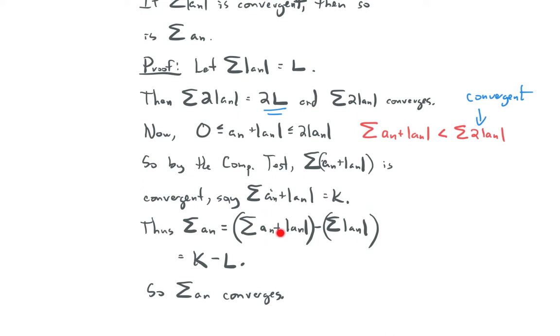Everything cancels and you're just left with a_n. But this one had a sum of k, and this one had a sum of L. So the sum of a_n is k minus L. These are two numbers, we're just subtracting them. So that tells me that the series a_n converges, since its sum is some number k minus L.